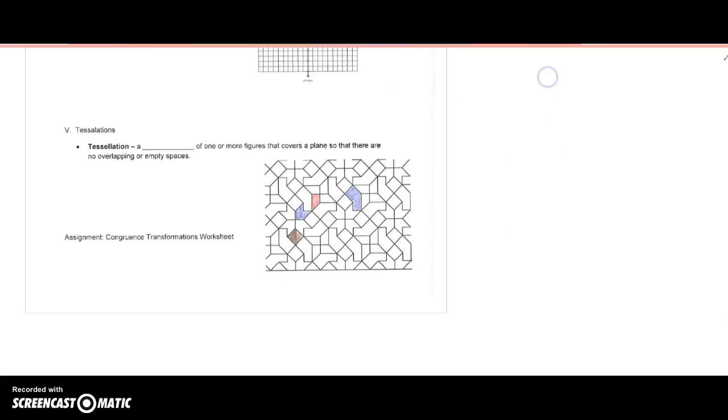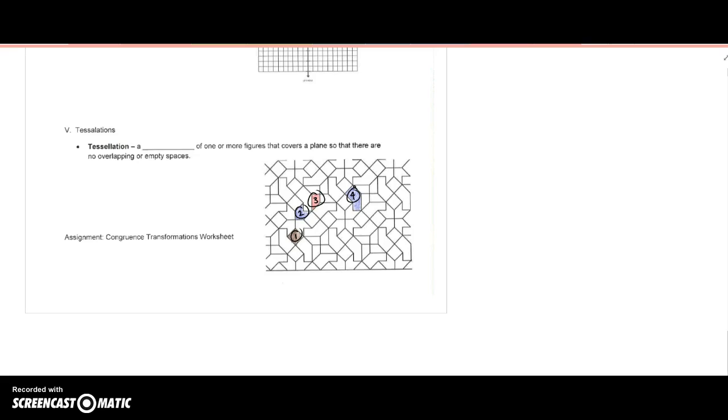All right, let's look at the very last thing. It's called a tessellation. So in this picture at right, this is a tessellation. I have 1, 2, 3, 4 basic shapes, and I've taken those shapes and I've transformed them.